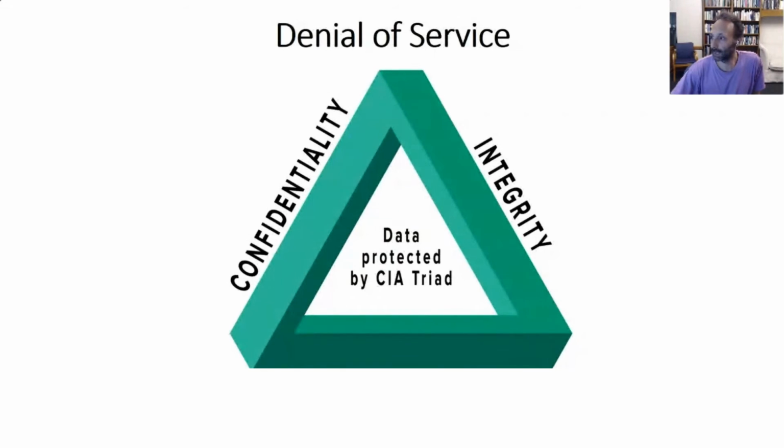Okay, let's go back to the CIA triad. Confidentiality, integrity, availability. When we do a denial of service attack, what we're doing is we're essentially attacking availability.